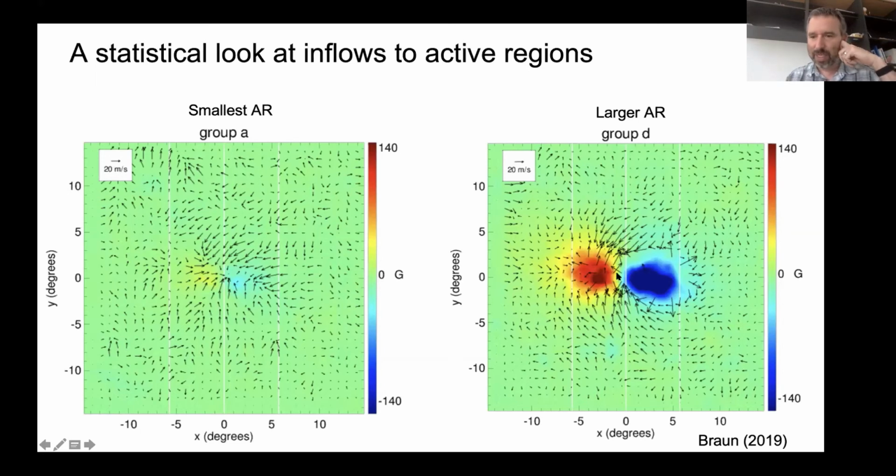For the big ones, the situation is a little more complicated. There's a converging flow, but there are also some east-west flows. And there are some big diverging features here. I haven't looked at that sample of active regions in detail, but I suspect that this is coming from moat flows, from a few big sunspots.